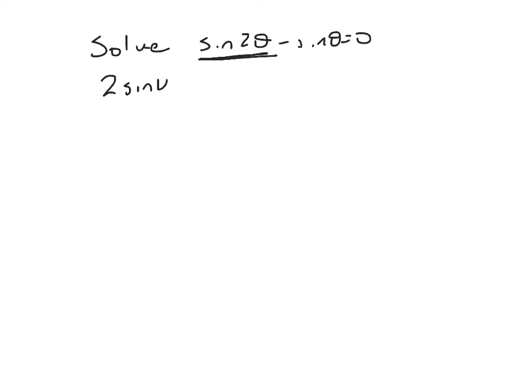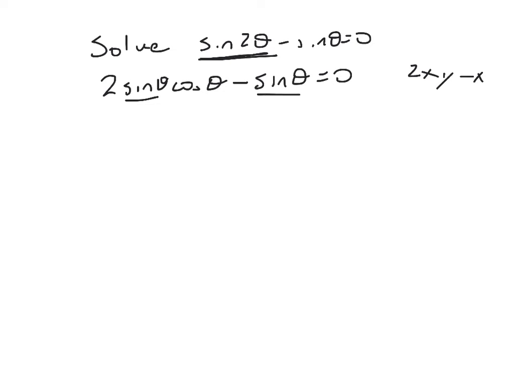Now, we can also solve equations with double angles in them now. So if I say solve for me the sine of 2 theta minus the sine of theta equals 0, what I need to do there is still use my new identity and say that sine of 2 theta has to become 2 sine theta cosine theta. The minus sine theta stays, and now this is like having 2xy minus x.